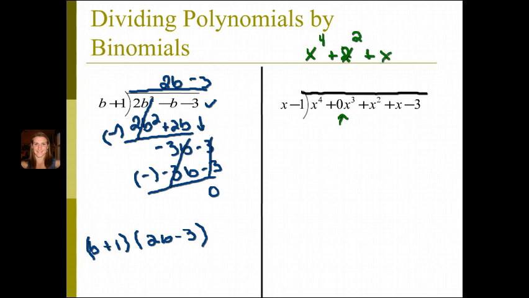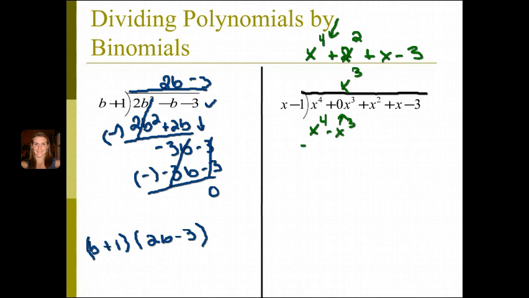However, we had to put a 0x cubed to make sure that we had our exponents in sequence. So that's why I have a 0x cubed there. So x times x cubed gives us x to the 4th, and then minus x cubed.